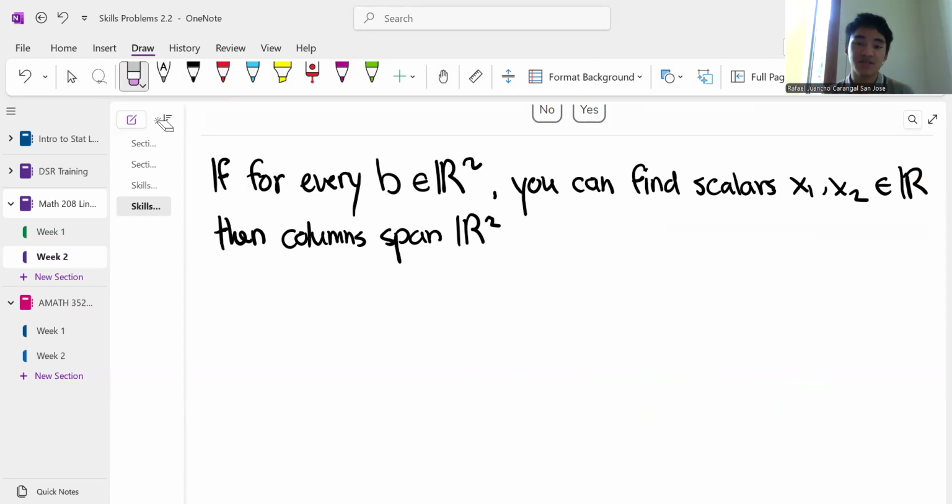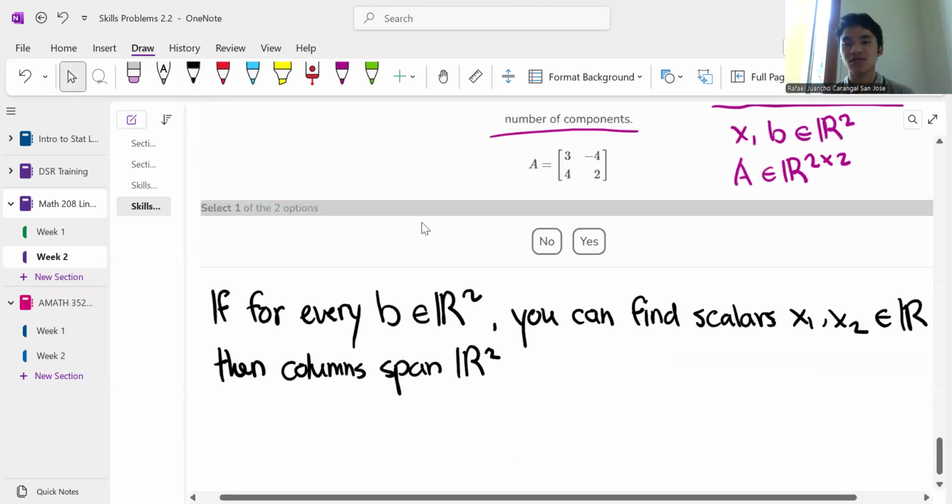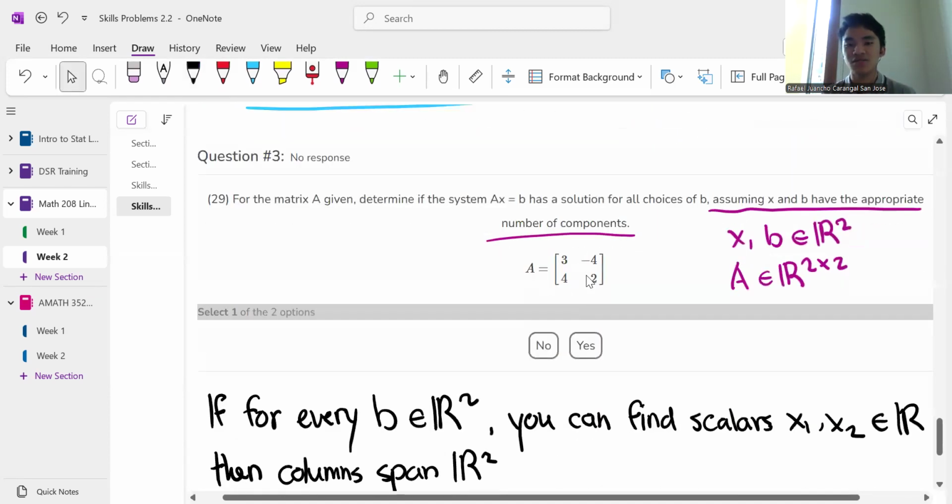But in 3D, it's a bit different. Some can span in R3, some cannot.